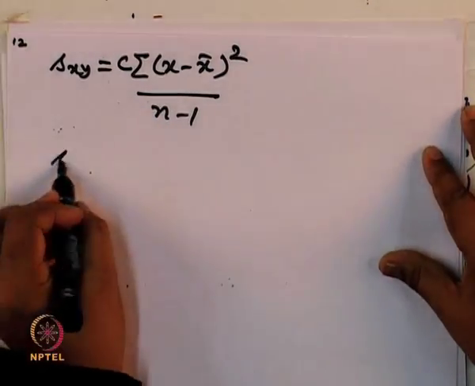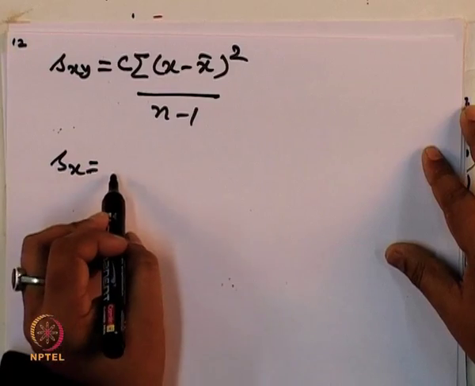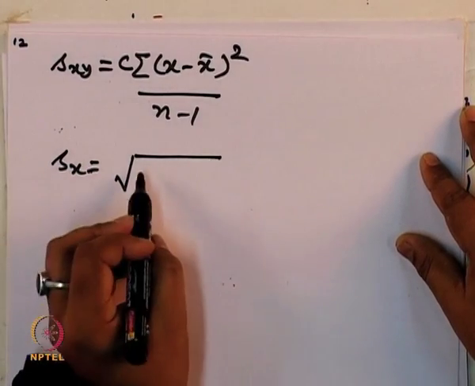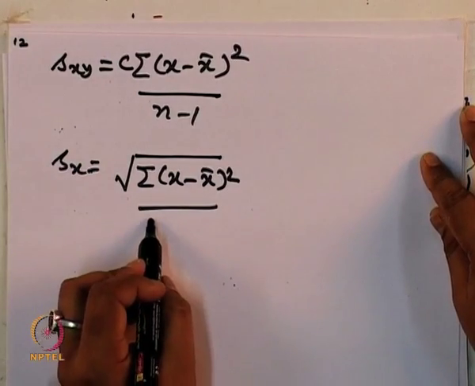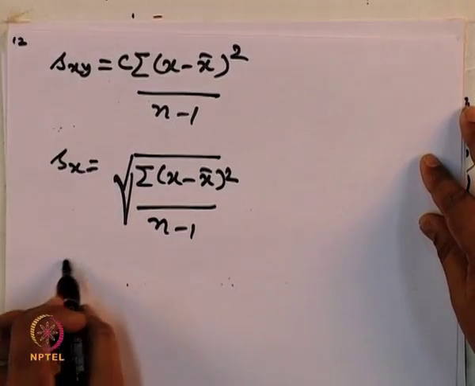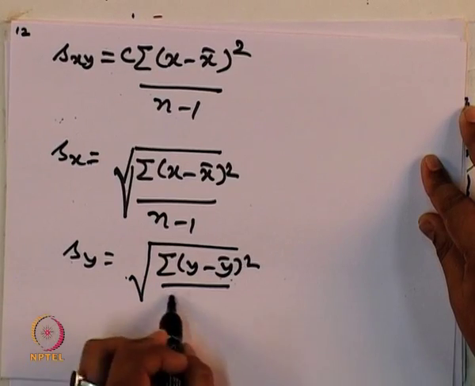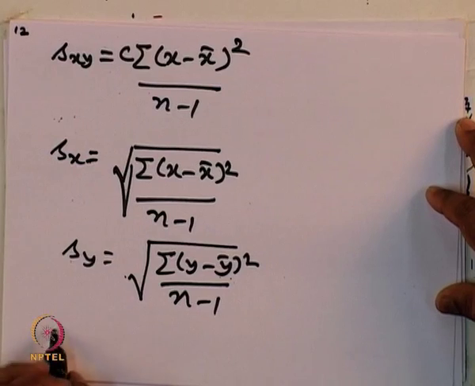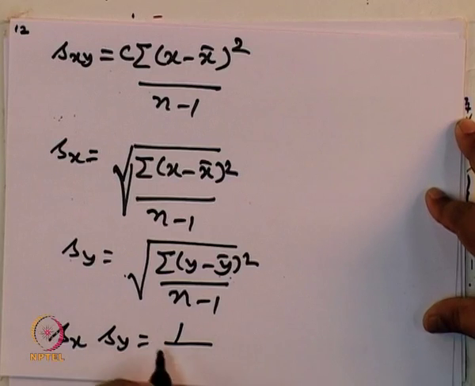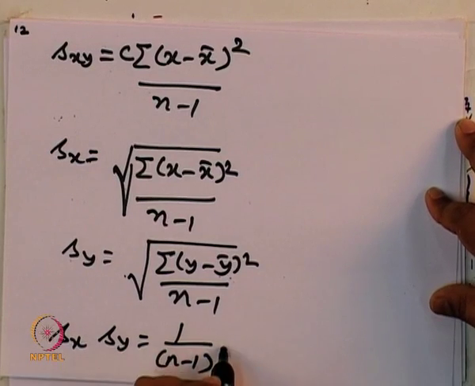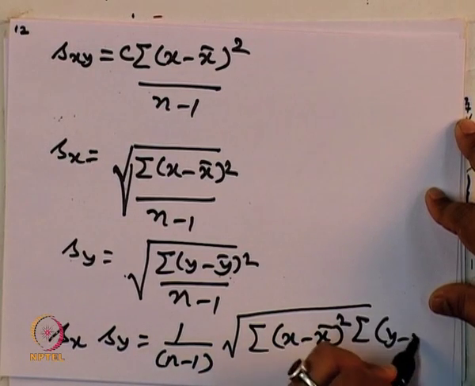Now, Sx is root of summation (x minus x bar) whole square by n minus 1, and Sy is equal to root of summation (y minus y bar) whole square by n minus 1. So, for Sx into Sy, I can take out n minus 1 common, into root of summation (x minus x bar) whole square into summation (y minus y bar) whole square.